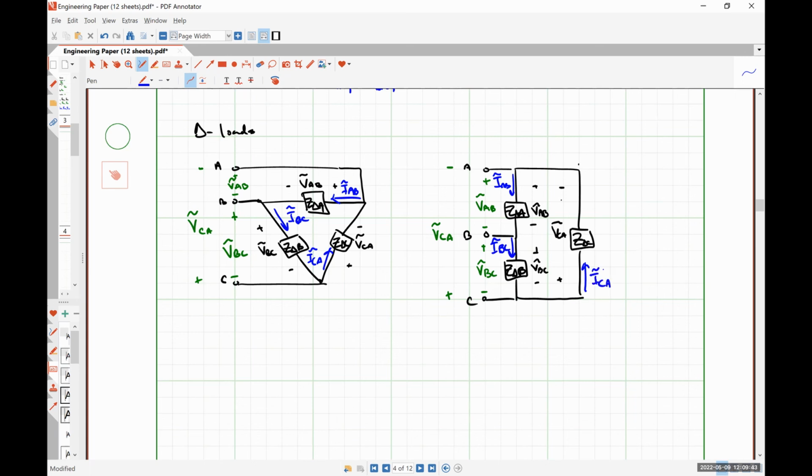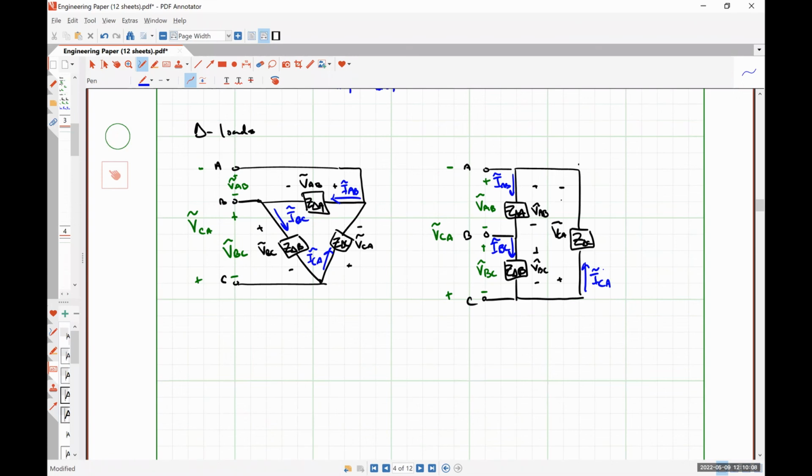All right. So we have effectively just 4 different permutations that we could possibly ever have to analyze. We're considering a single source and a single load. We can have a Y-Y system in which the source is Y-connected and the load is Y-connected.